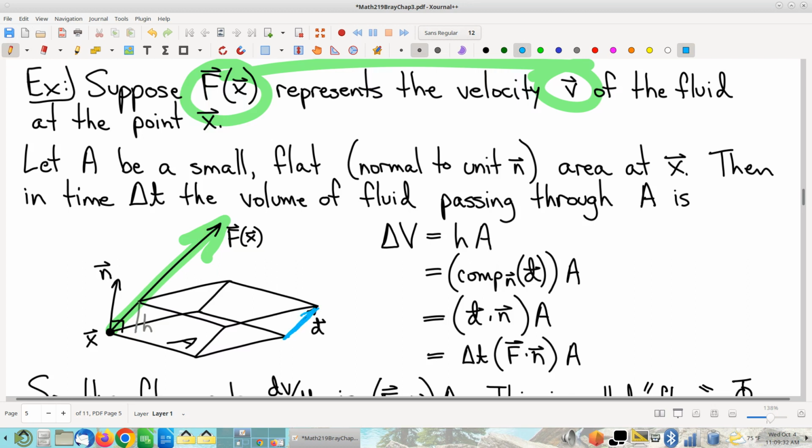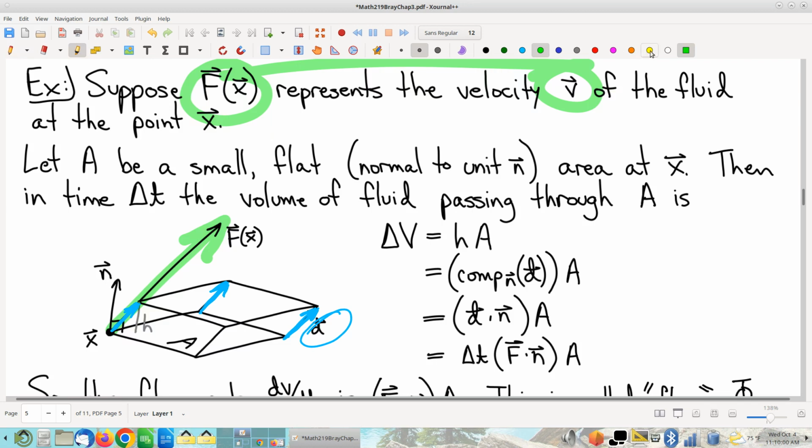I can talk about the displacement in a given amount of time, some little small amount of time dt. This is how much the fluid actually moved in some amount of time dt, which, of course, is the same everywhere if we have a constant vector field, so all of these are the same d. Right?